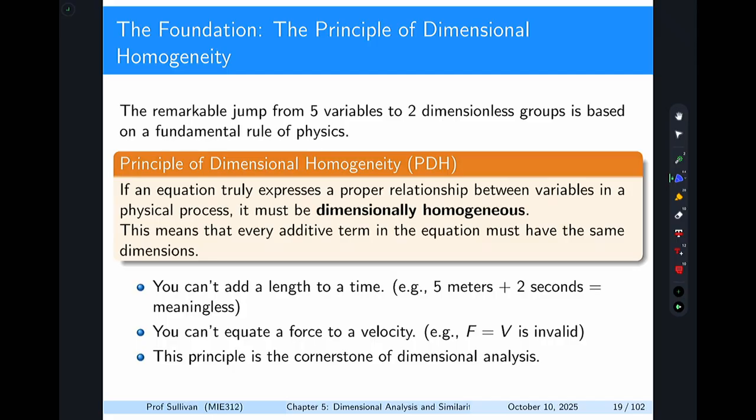One of the reasons why it's really important to write units, despite the fact that I didn't in the last example, is that it helps you convince yourself you have the right answer. If you have something that is consistent in terms of units, it's often very helpful in calculations. It means that every additive term in the equation must have the same units. You can't add force to velocity. And this is really one of the reasons why you can do such remarkable things with dimensional analysis.